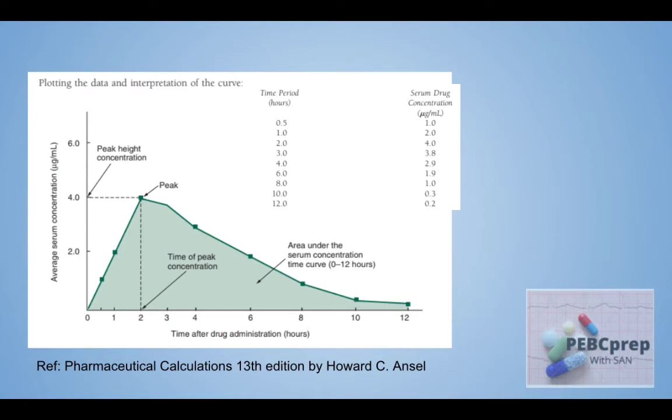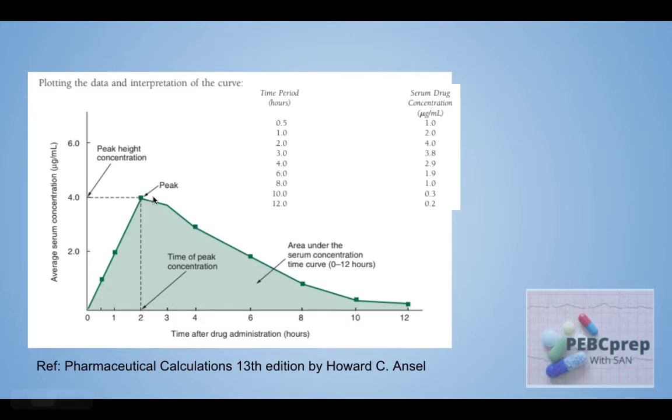Next, in this chart, we will discuss 3 points. Try to understand these 3 points. This is the peak concentration of a drug reached in the blood. This is called Cmax. The time it takes to reach the maximum concentration is called Tmax, and the whole area which is green is called the area under the curve.